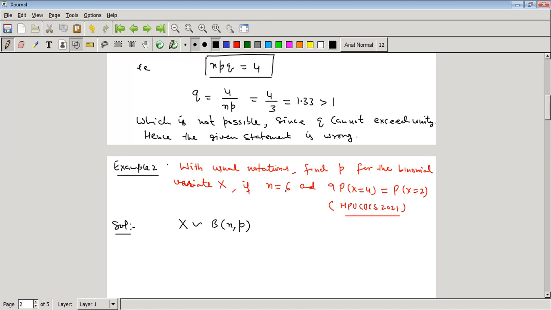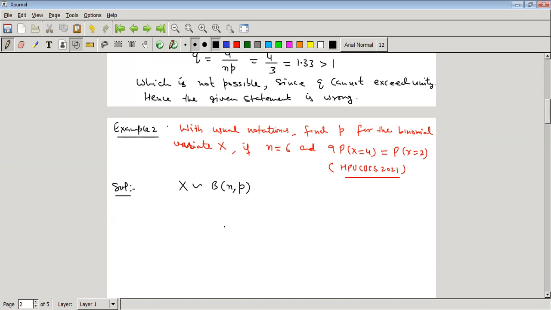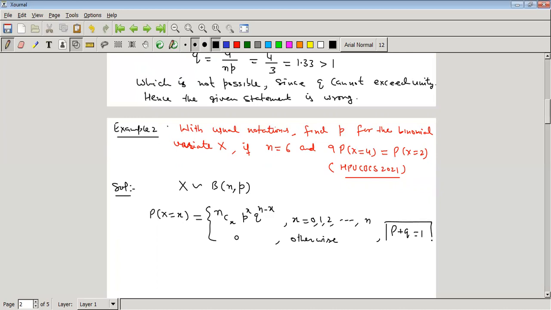So n is given, n is equal to 6, and we know that for a binomial variate, probability of x equal to x is given by nCx p to the power x q to the power n minus x for x equal to 0, 1, 2, up to n, and 0 otherwise, and it also satisfies the condition p plus q equal to 1. So this is again important.